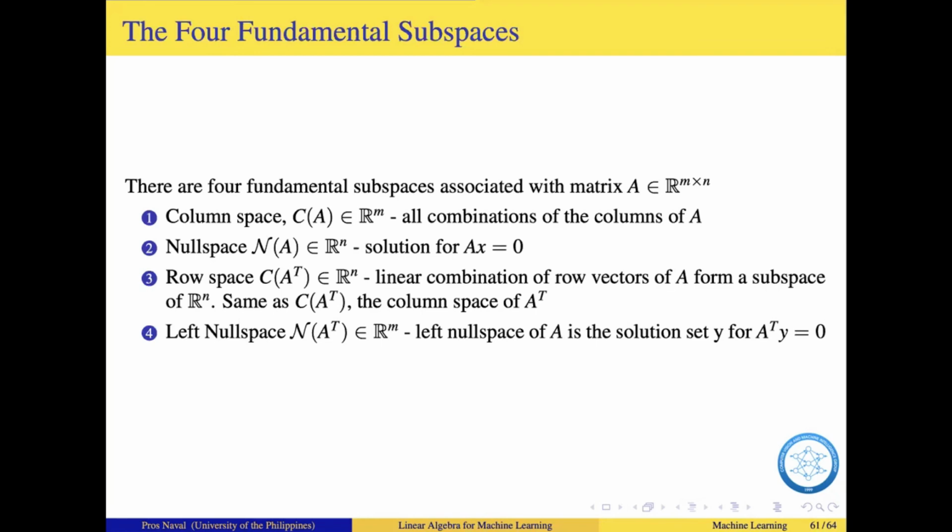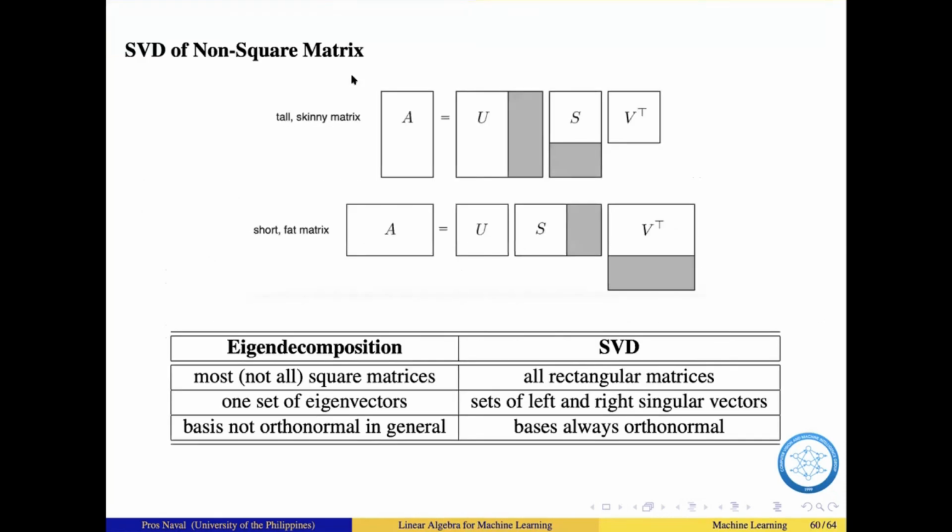Now let's examine further the SVD. Okay, let's go back. We said earlier that these gray areas here are really not needed because they annihilate the vectors here, the dimensions corresponding to these vectors here.